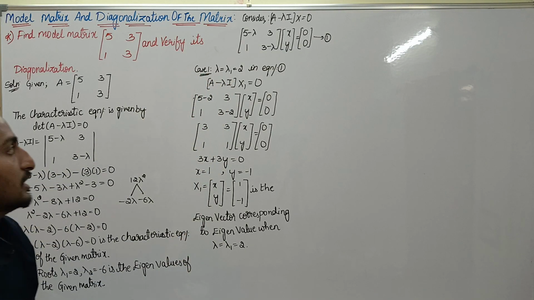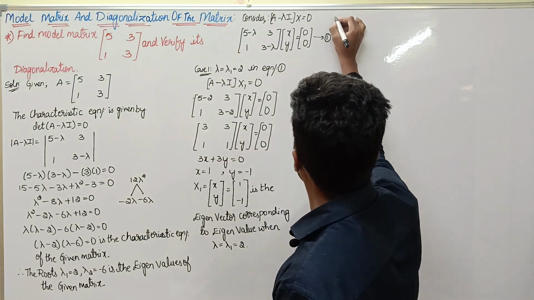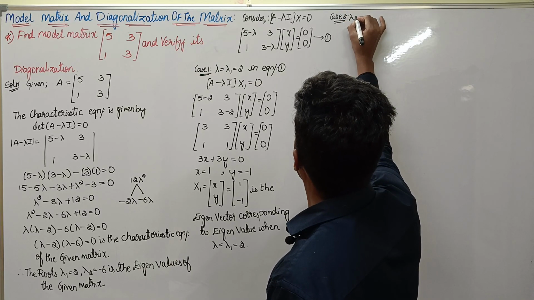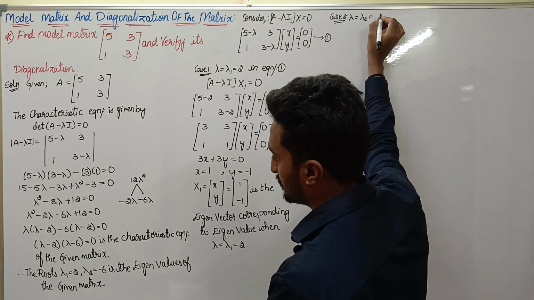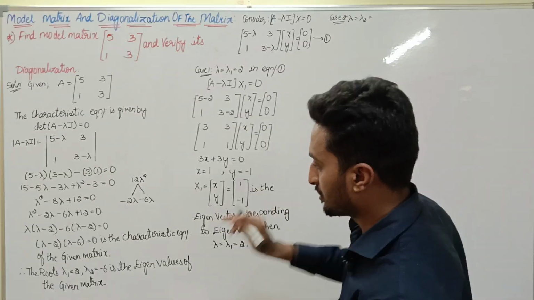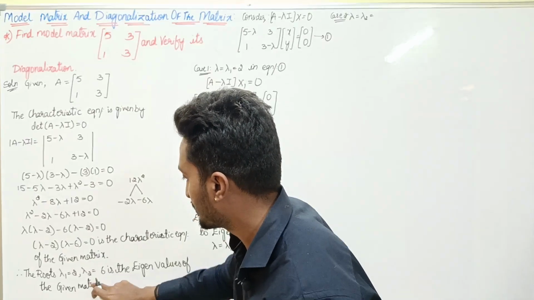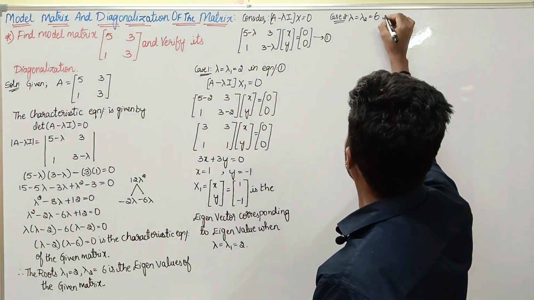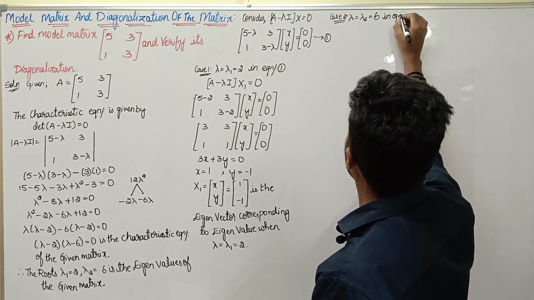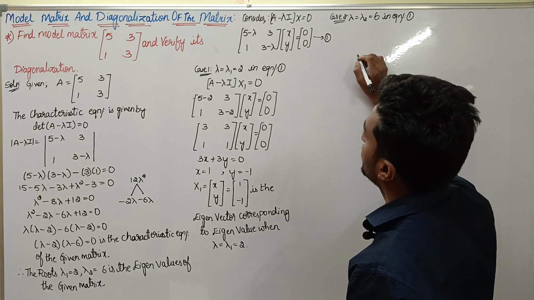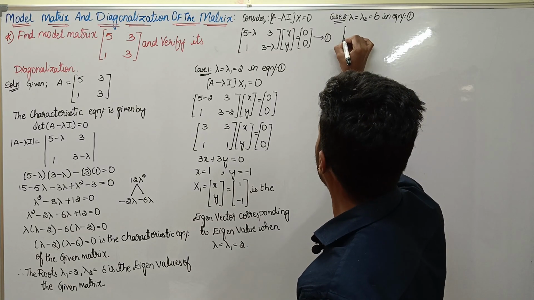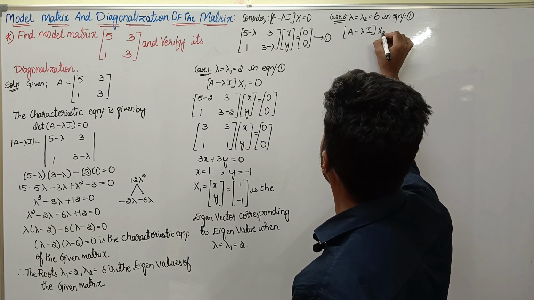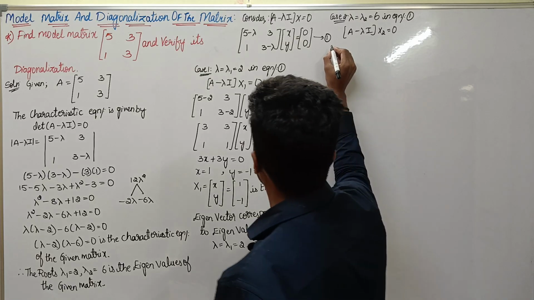Next, let us find case 2. Case 2 is lambda equal to lambda 2 equal to, the root is, oh sorry, plus 6, not minus 6, which is equal to 6, in equation number 1. A minus lambda I into x2 equal to 0.